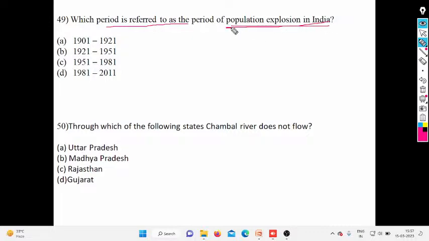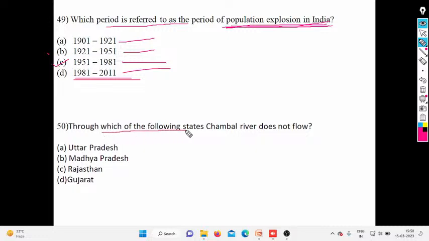The options are 1901 to 1921, 1921 to 1951, 1951 to 1981, and 1981 to 2011. Looking at the population explosion period in India, it is 1951 to 81, option C.